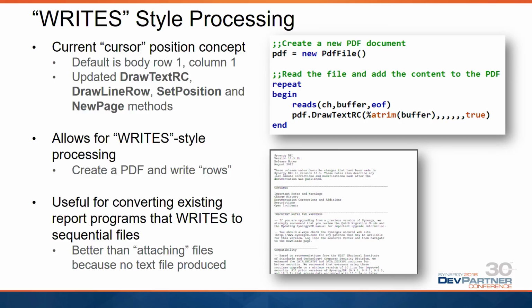If it hits the bottom, it throws a new page automatically. So that's a good approach for converting existing report programs. Take out the write-S to the text file and make it a draw text RC with a new line, and just send the print output to a PDF directly, rather than having the interim text file.